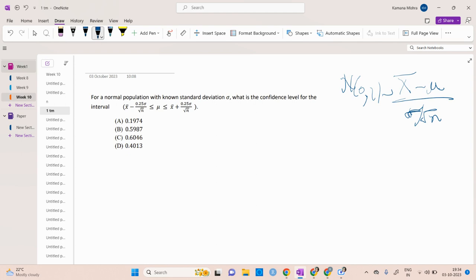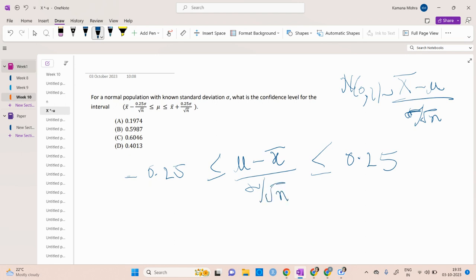Right. So what we can do is that we can write x bar, we can subtract, like mu minus x bar will be minus 2.5 to 2.5, and then sigma upon root n, right?